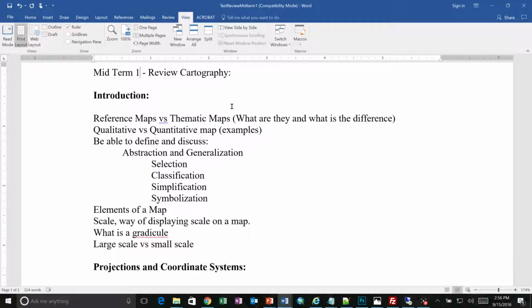So selection is the process by which we just select what we want to show. We're not showing everything in the world. So we're going to pick a thematic element, and we're just going to show that and maybe a little bit of reference information to help people know where they are. So selection is choosing those elements that you want to put on your map. Classification is the process whereby you make the complex world more simple by grouping things together.